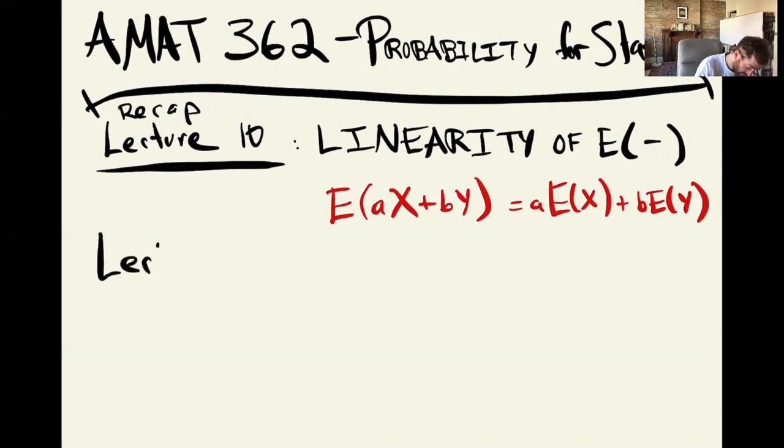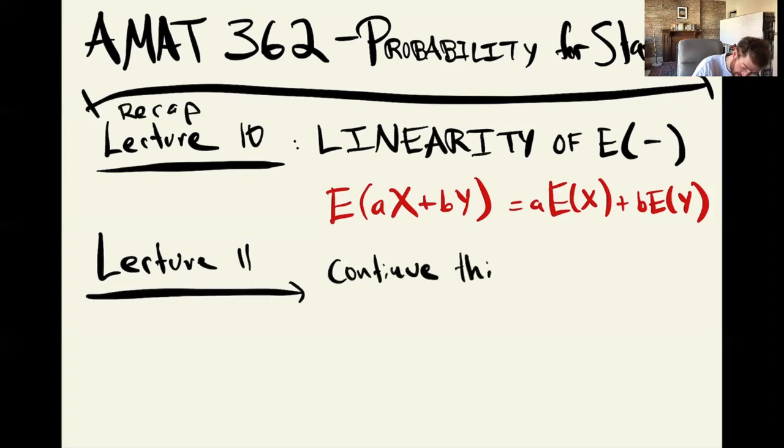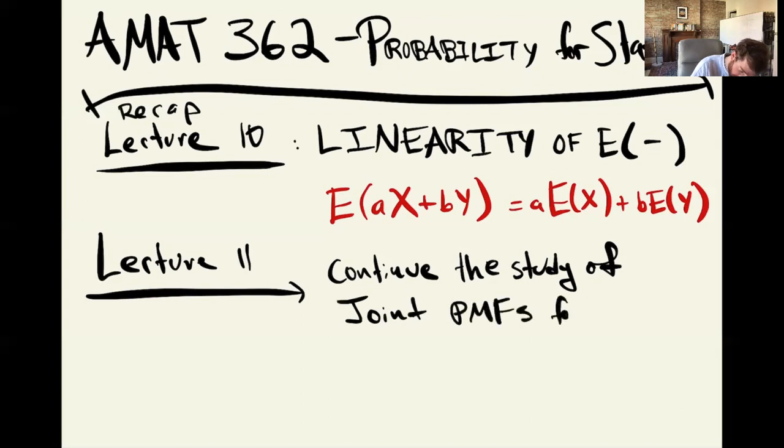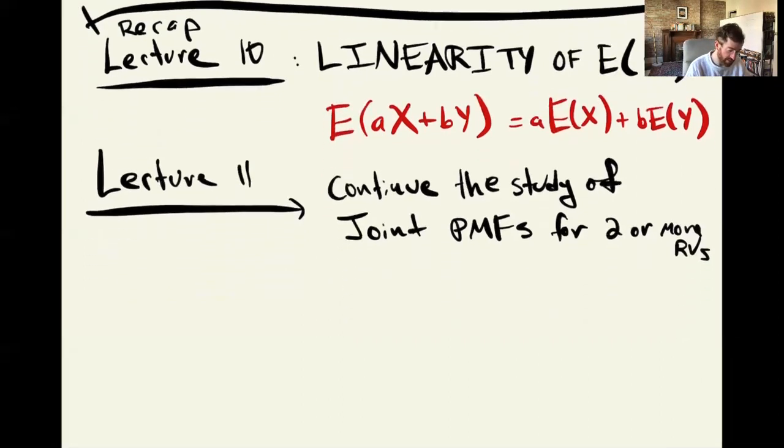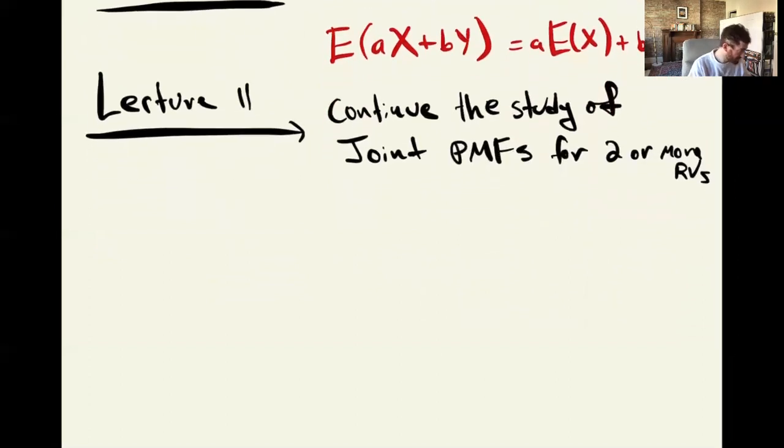So we're going to continue this idea, or maybe we'll say the study of joint PMFs for two or more random variables. And we're going to look at some big principles that come out of these case studies, but I really want to focus on examples. So let's just dive right into it.